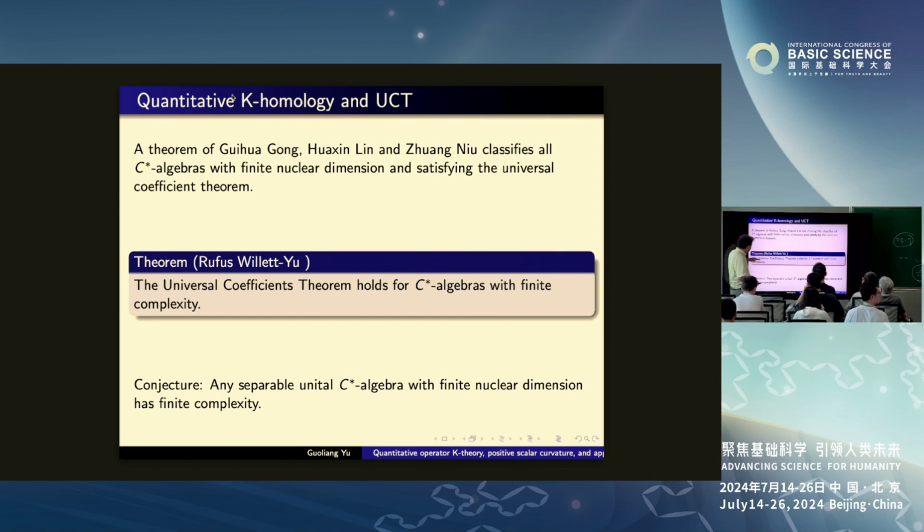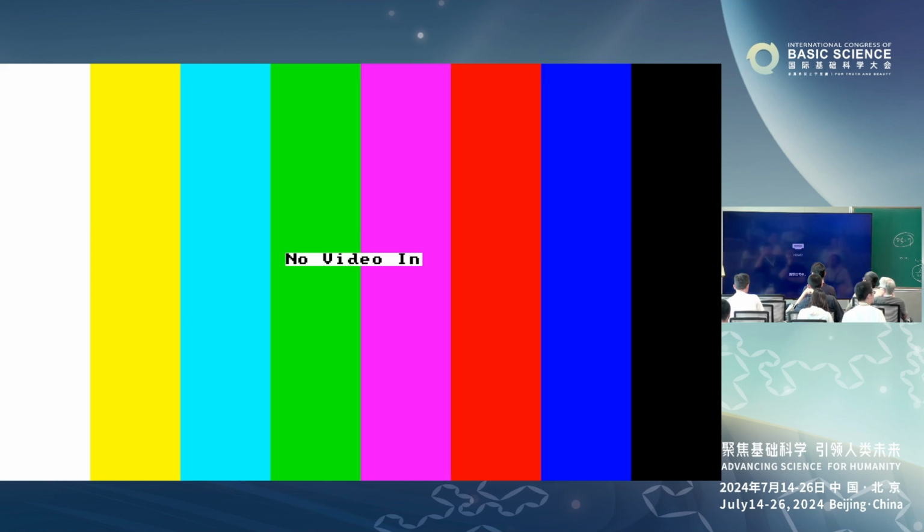We are able to prove the universal coefficient theorem, assuming the C*-algebra satisfies some finite dimensionality, which is not the same, at least on the surface, as finite nuclear dimension. We call it finite complexity. If it satisfies our finite complexity, then the universal coefficient theorem holds.